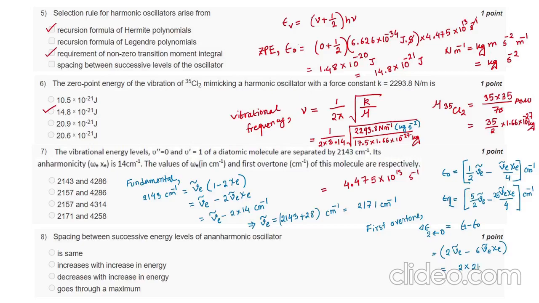So 2 ωe, 2171 minus 6 into 14, is coming in centimeter inverse unit.